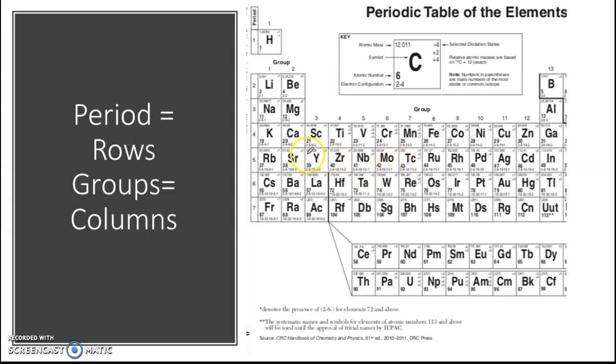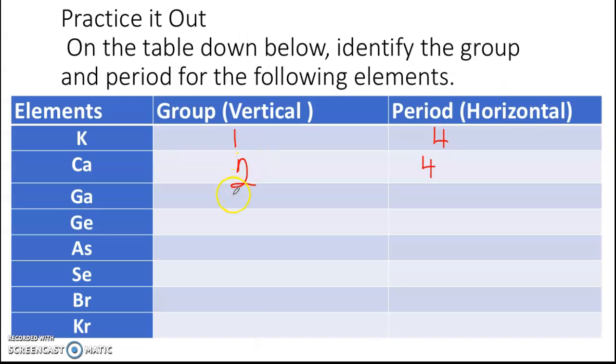Ga is right here. Ga is in group 13 and in period 4. So group 13 and period 4. Just a coincidence that it's all in the same period, right? As we keep doing these, each element has its own specific location.